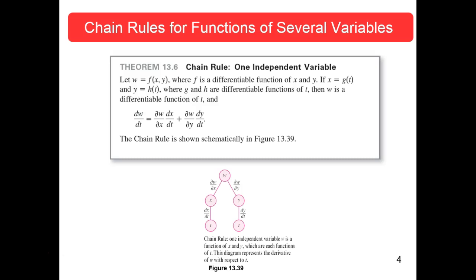Notice here it looks like the x's cancel out, you get dw/dt, and here it looks like the y's cancel out, you get dw/dt. And that's kind of how I go about checking and make sure I'm right with this. But these are partials because those are two variables there. These are whole, complete derivatives because there's only one variable for each of those. So this is when you have one independent variable, but you may have two or more intermediate variables, leading to one dependent variable. Okay. I don't know if they use that terminology, but that's what I use.